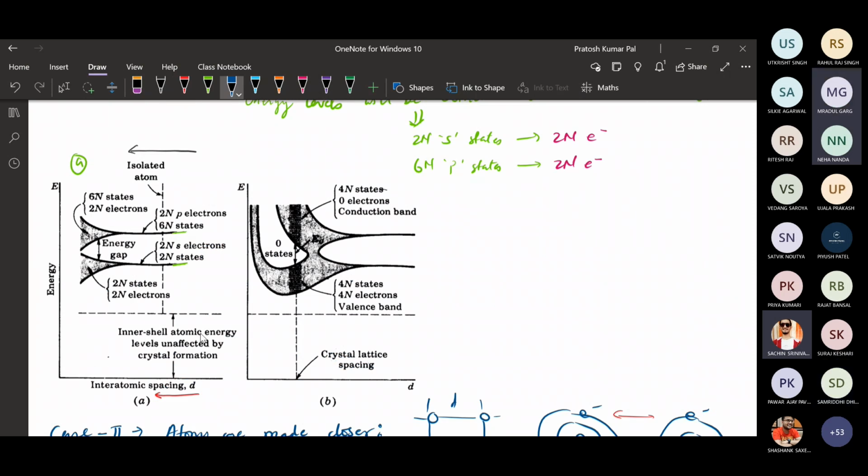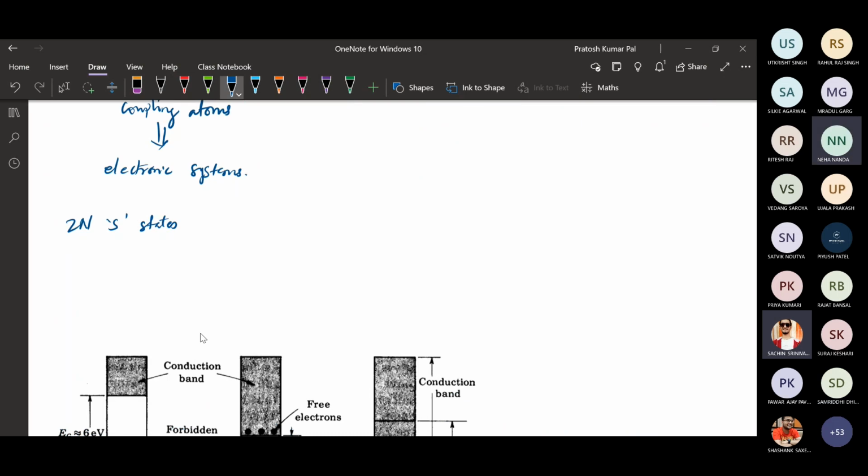So this was the energy state when the distance is very high. Once we reduce the distance, the energy will spread. The range of these energy levels will spread as the outer electrons interact with each other. Here 2n s states will interact with each other. So instead of a sharp line, the energy states will spread now, okay. So spreading of the energy state will be taking place.